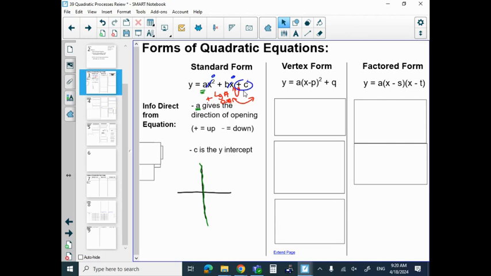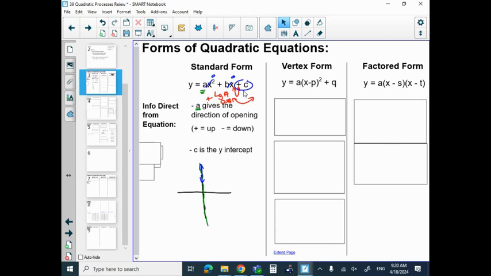And so then the graph is going to tell you where on the axis the curve lands. And so it's giving you the y-intercept. So that's the standard form, what we can tell from it.